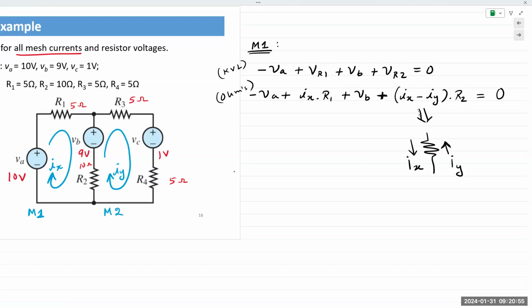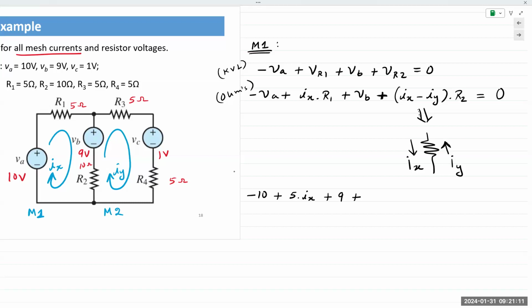So minus VA is minus 10 plus R1 is 5 ohms, so 5 times Ix plus 9 volts for VB.